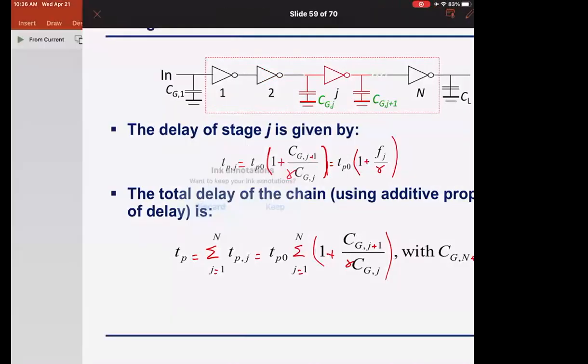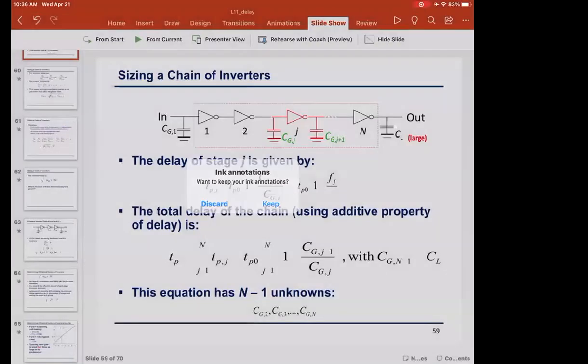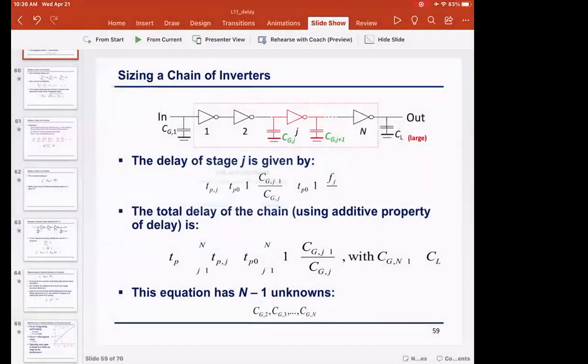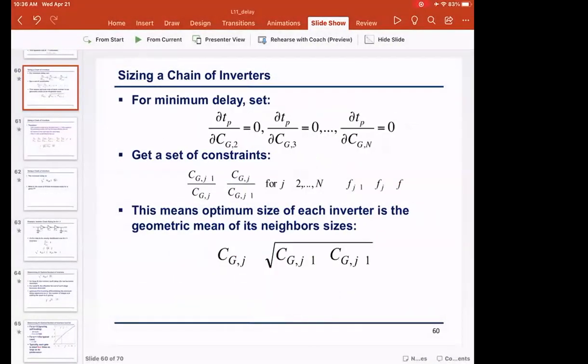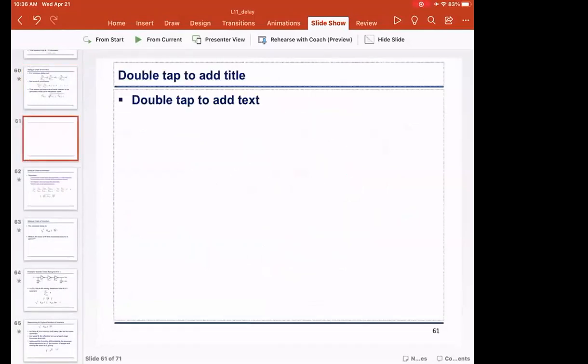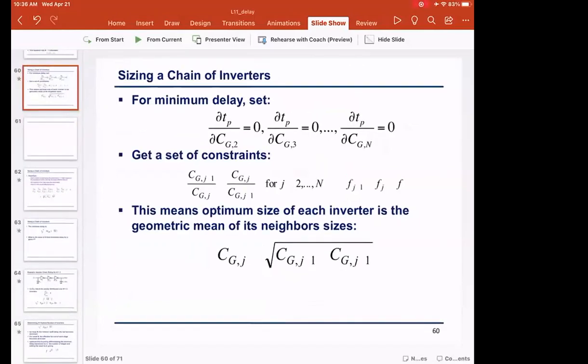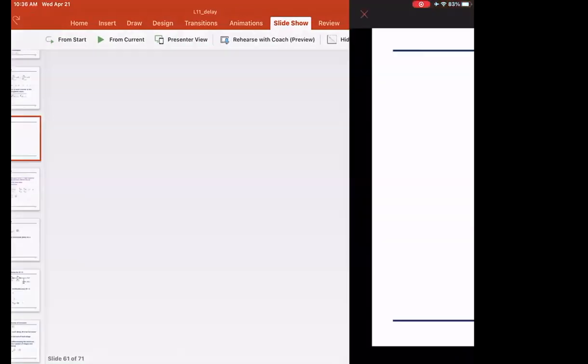So let me insert a new slide and let us see how we minimize the delay. How do we minimize the delay? What do I do here? I take the derivative with respect to the unknowns. What are the unknowns?